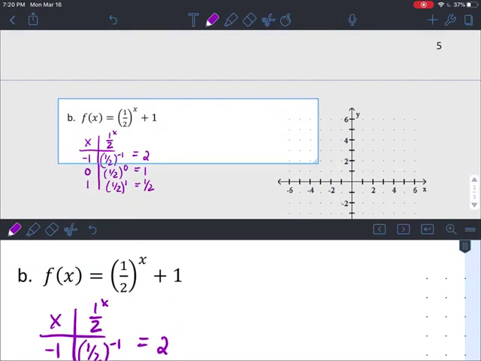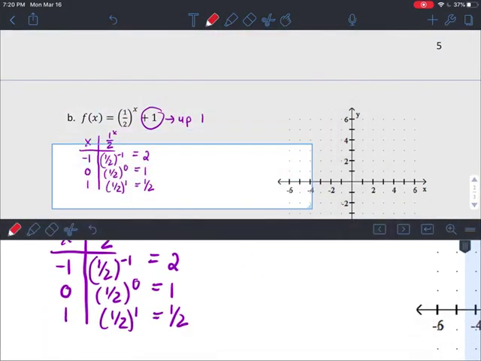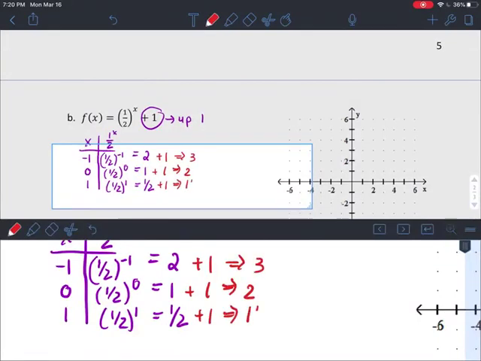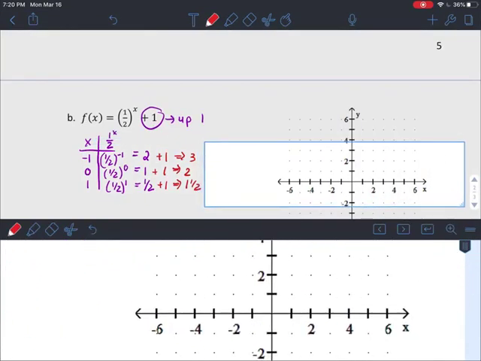And then do your translation, add 1 to all your y values to shift it up 1, which puts you at 3, 2, and 1.5. So this one's actually exponential decay because as your x values get larger, it's getting smaller instead of bigger.